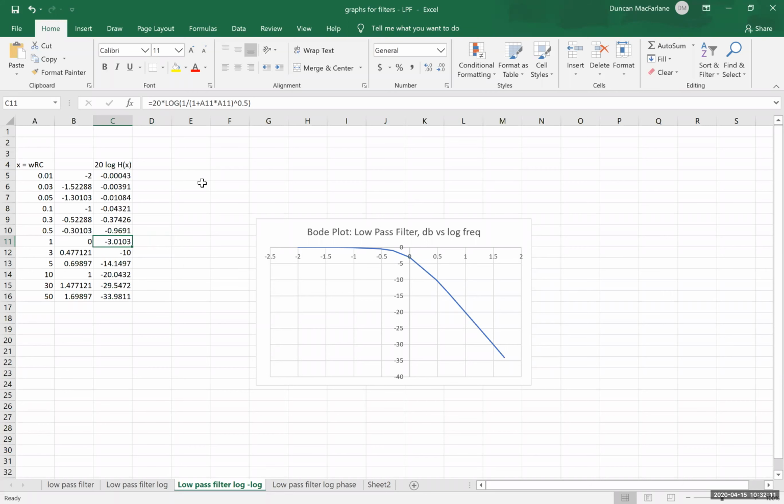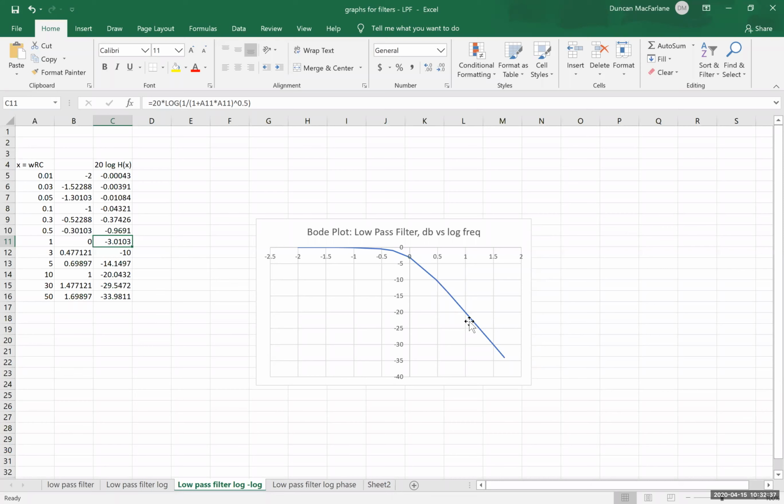It is what it is. I'm doing 20 times the log of 0.7 is equal to -3. So what that tells you is that's called a 3 dB point. So the filter response is down by 3 dB at the RC time constant.